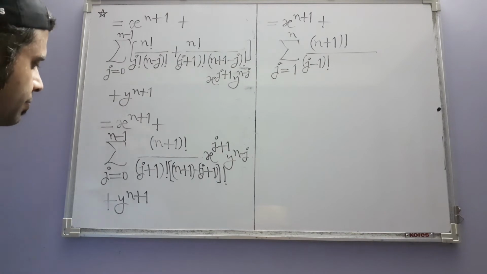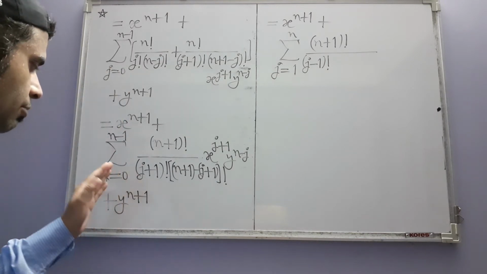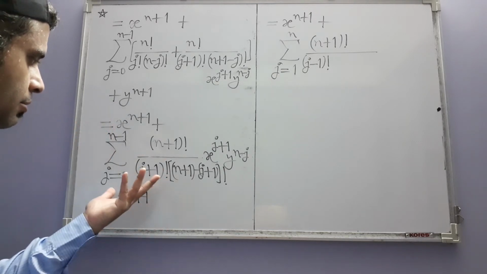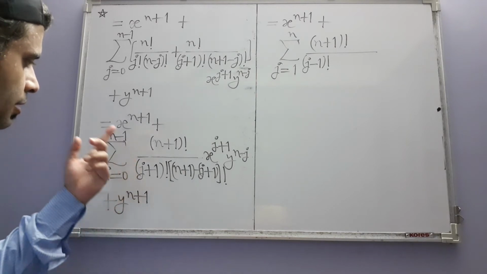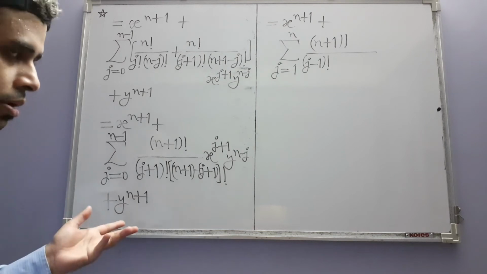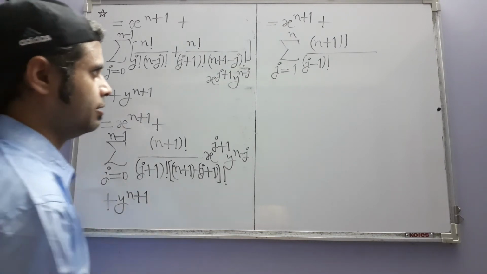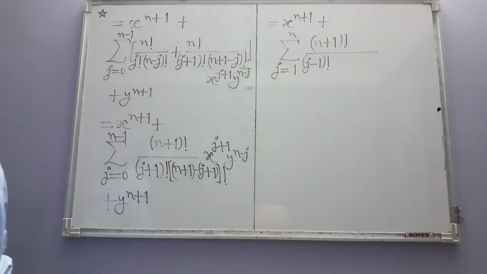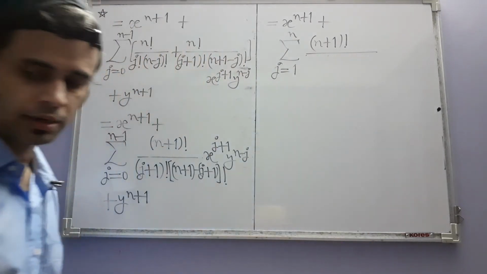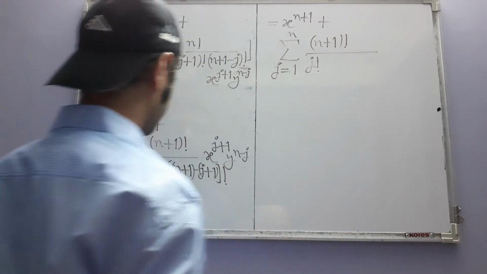Okay, so now if I write, so we are adding 1 to the limits, so we are subtracting 1 from j. That is, in place of j, we are now going to write j minus 1, or the same thing, in place of j plus 1, we are writing j. So we don't have j minus 1 here. We have just j here, j factorial.